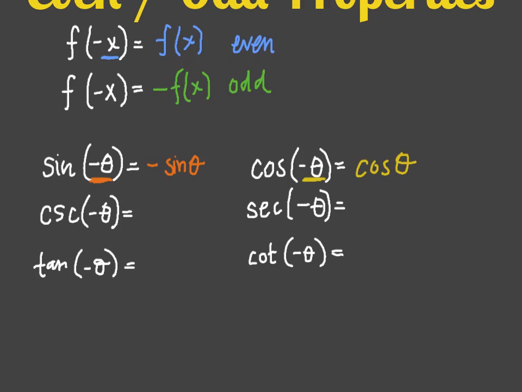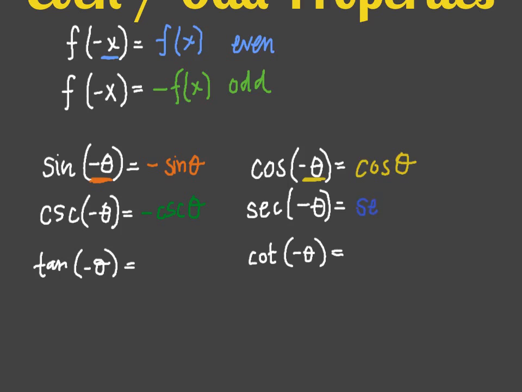Okay, cosecant, the reciprocal of sine, is going to give you the negative version of that. So for example, cosecant of negative 45 degrees is equal to the negative version of cosecant of 45 degrees. All right, secant gives you the original thing.